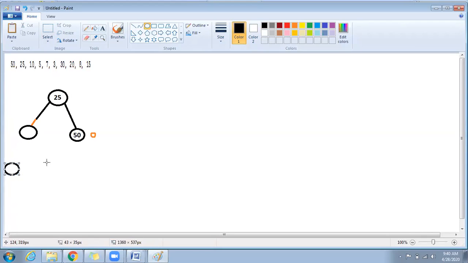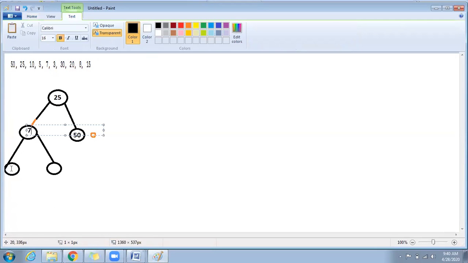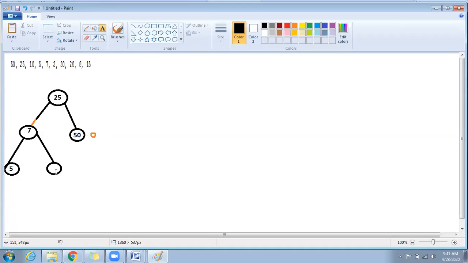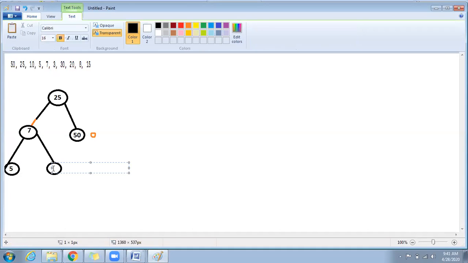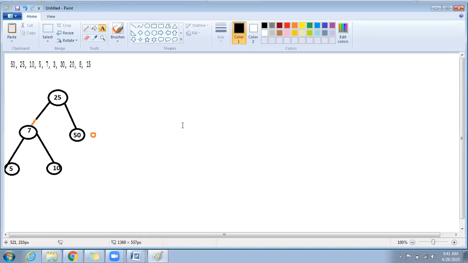The root node, 7. So 7 is my root node. What about left child? 5. What about right child? 10. Very good. So what is the next element I should insert?